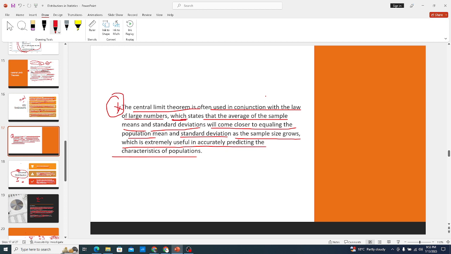As the sample size increases, the sample mean and sample standard deviation come closer to equaling the population mean and population standard deviation.